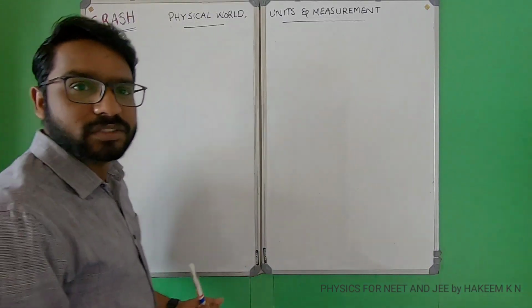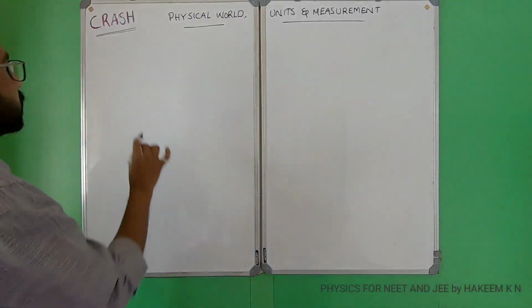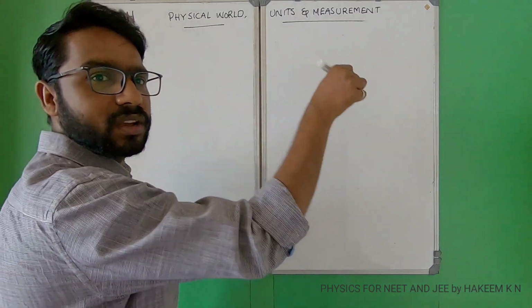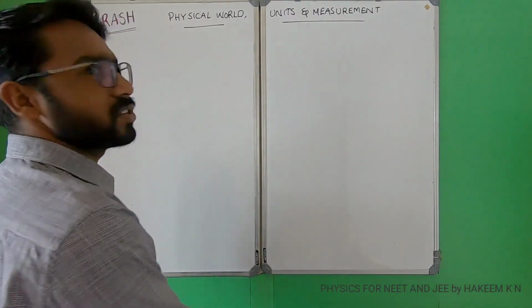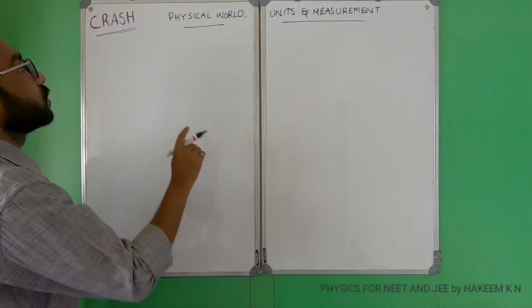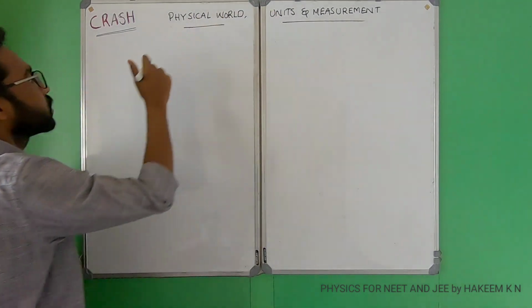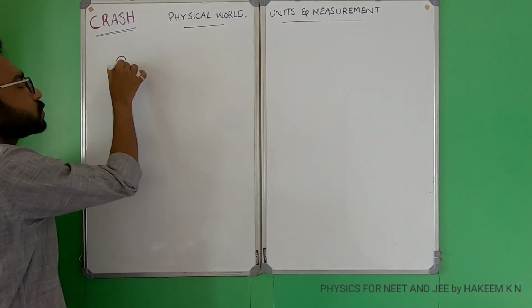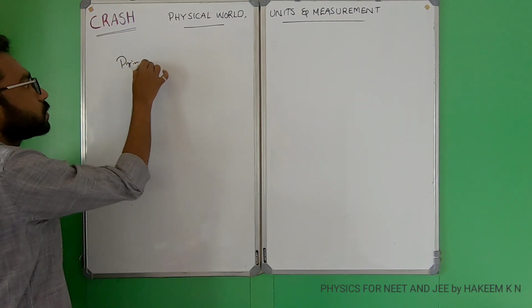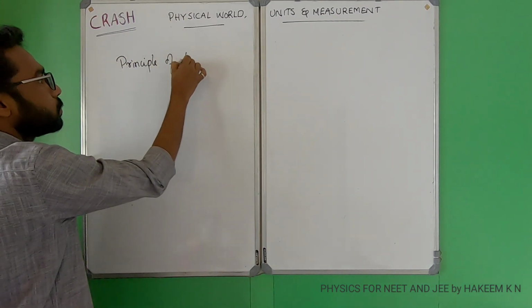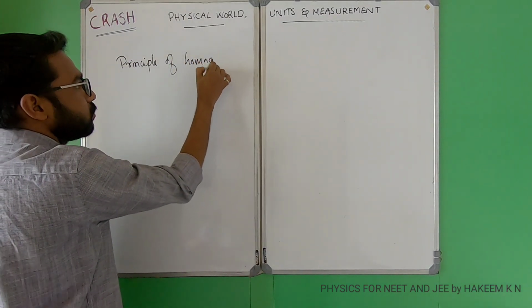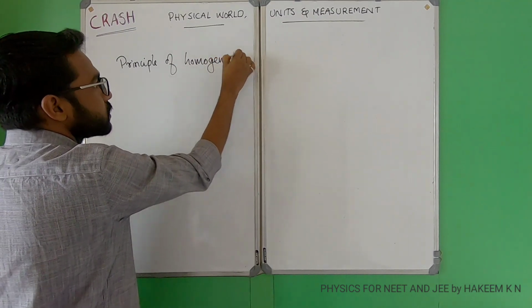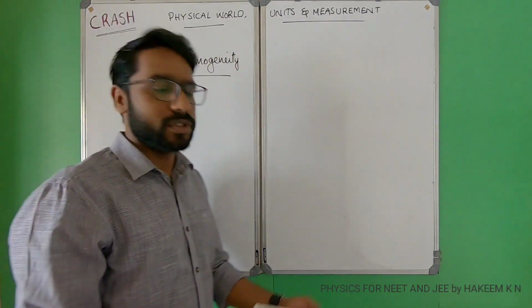The next application of dimensional analysis is to check the correctness of an equation, a relation in physics. For that we use a principle called the principle of homogeneity.